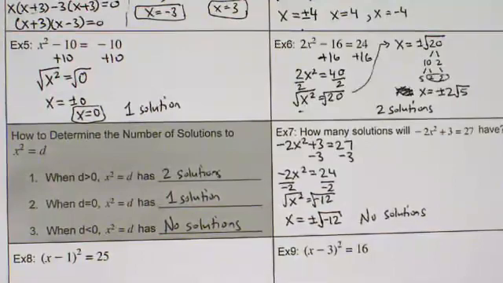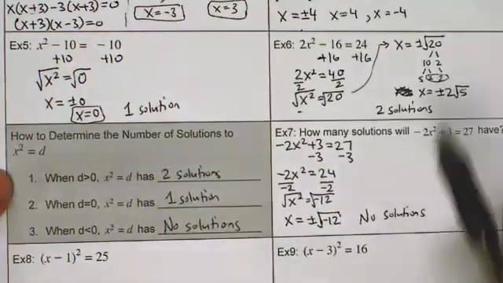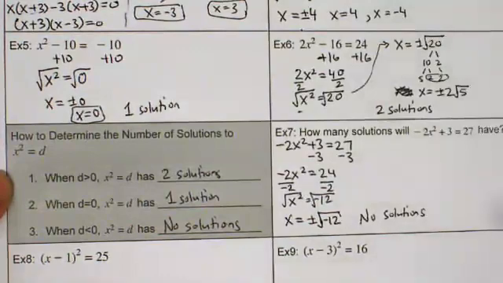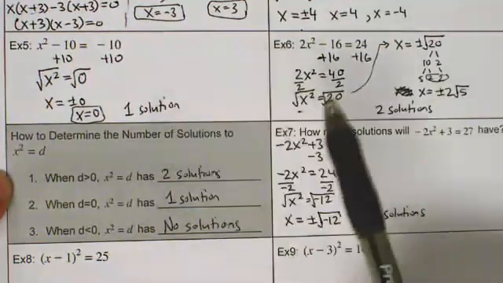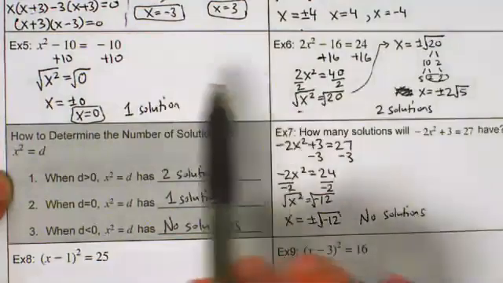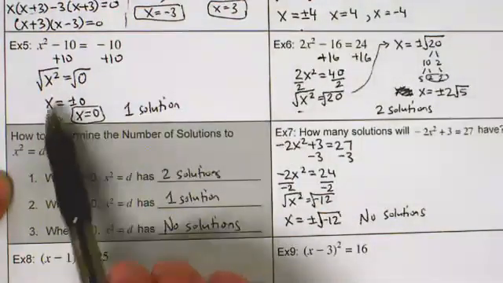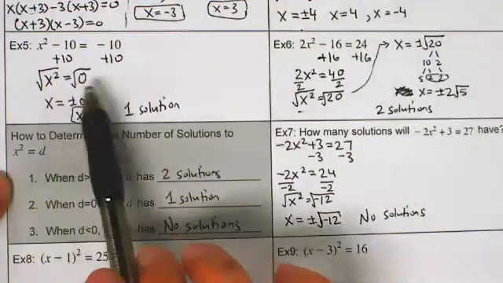So once you get to the point where you have your x squared term equal to a number, if the number is bigger than 0, as it was in the examples we saw in the previous video, we're going to have two solutions. This is what I think is the normal case. If it equals 0, then we're going to have one solution. In this peculiar example, we ended up with x squared equals 0.